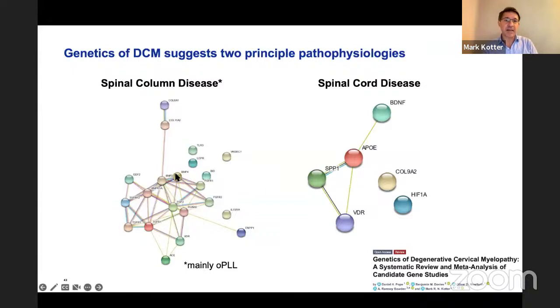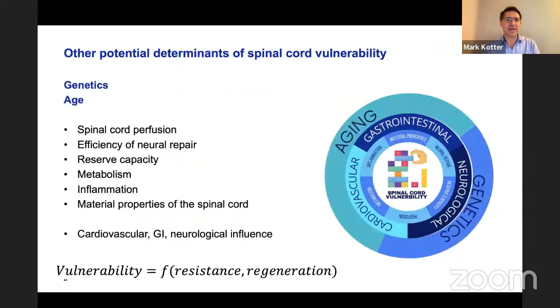One group is mainly related to genes of the connective tissues, and these are highly associated with OPLL. On the other hand, you can see a set of genes that are much more associated with what I would call spinal cord disease. And one of the main central drivers here is ApoE, which we also know, of course, from other conditions like TBI.